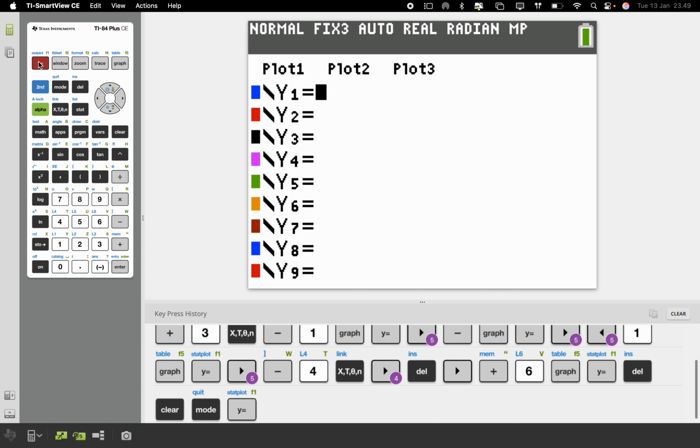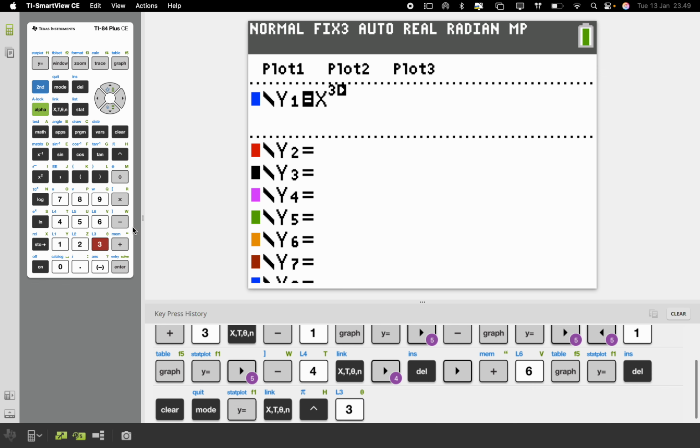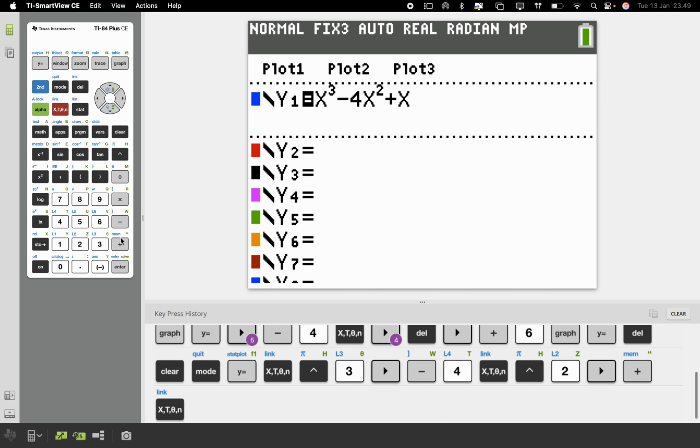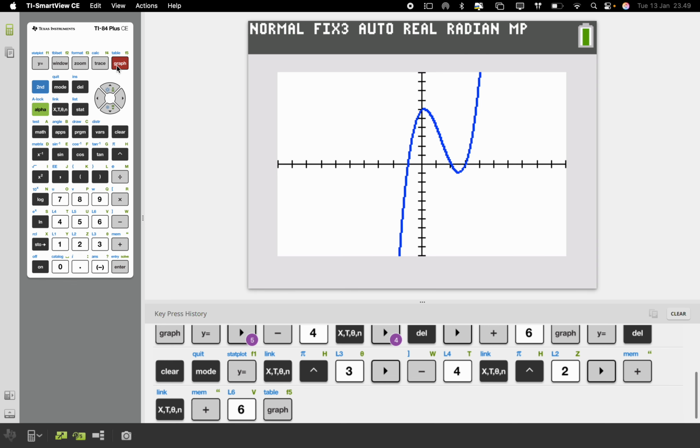Let's take one example. Consider x cubed minus 4x squared plus x plus 6, and let's see what the graph is. So the graph is intersecting the x-axis at 3 points.